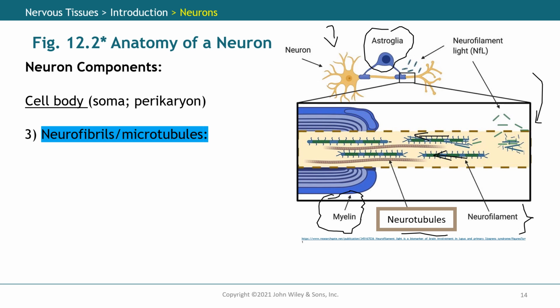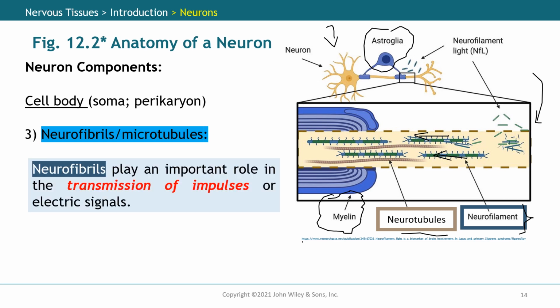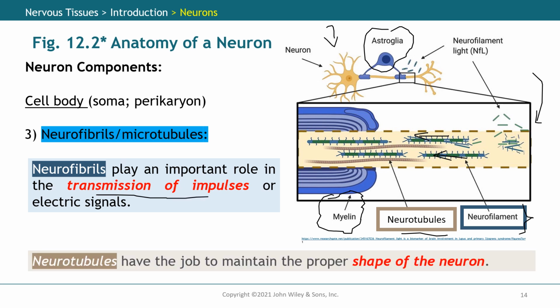Neurofibrils are just bundles of neurofilaments that play an important role in the transmission of impulses, while the neurotubules are very important in the proper shape of the neuron.